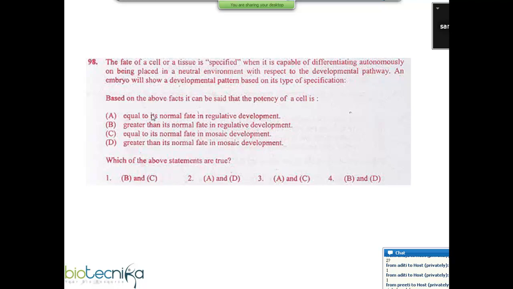An embryo will show a development pattern based on its type of specification. Based on the above fact, it can be said the potency of the cell is... go through each and every option A, B, C, D. Remember whatever I said till now.